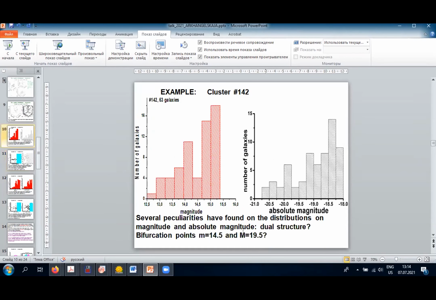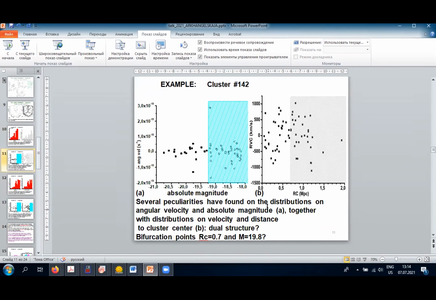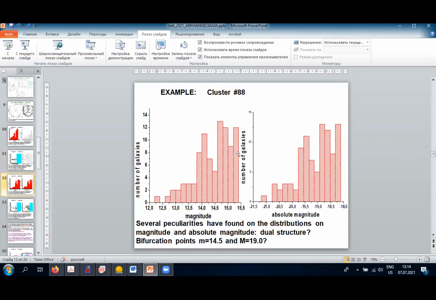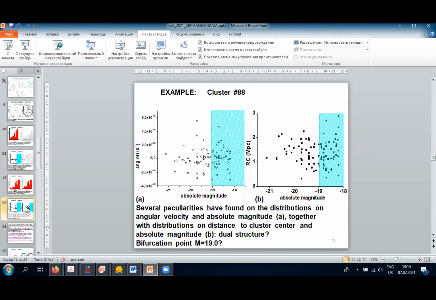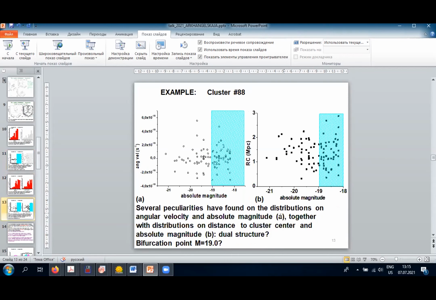It corresponds to the absolute magnitude 19.5, which was found on the previous slide. This is an example for cluster number 88. We can see two bifurcation points on this distribution and on this distribution too.